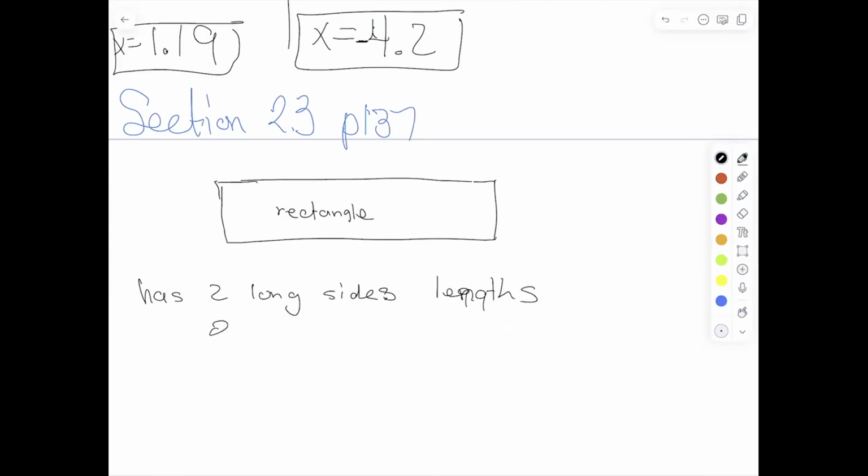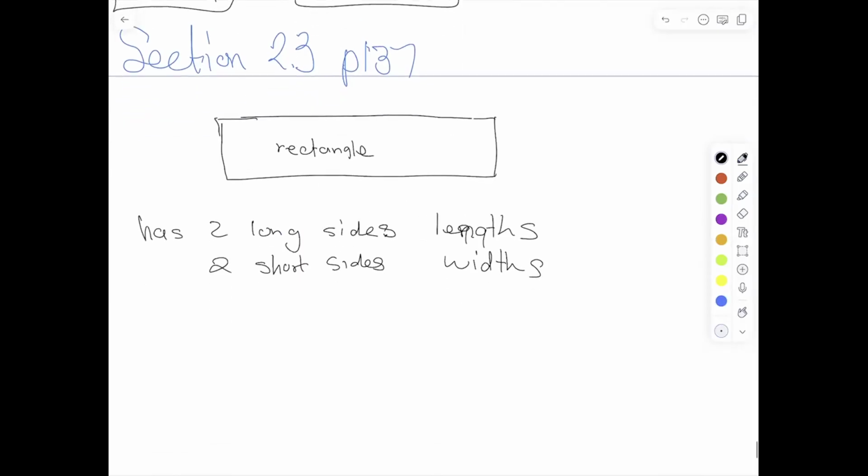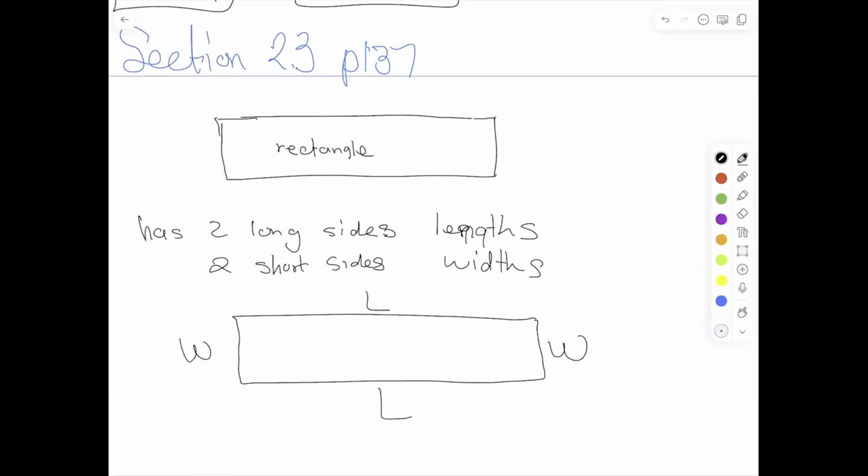And it has two short sides, which we call widths. So if we do the rectangle, it has a length, a width, and a width. Who's lost there? Anybody lost? No. This is called a rectangle.